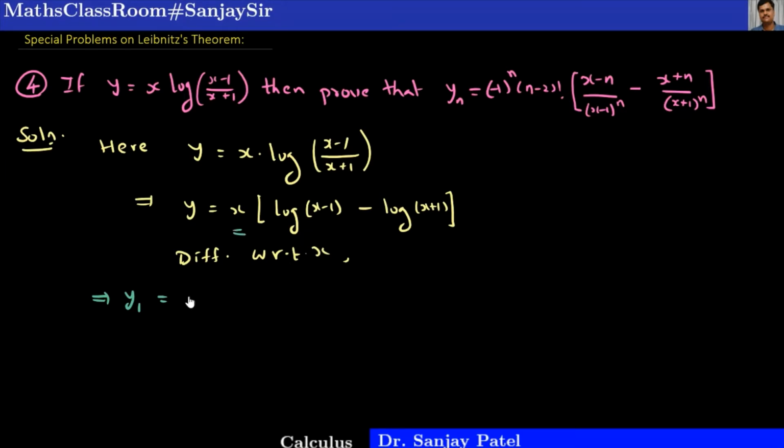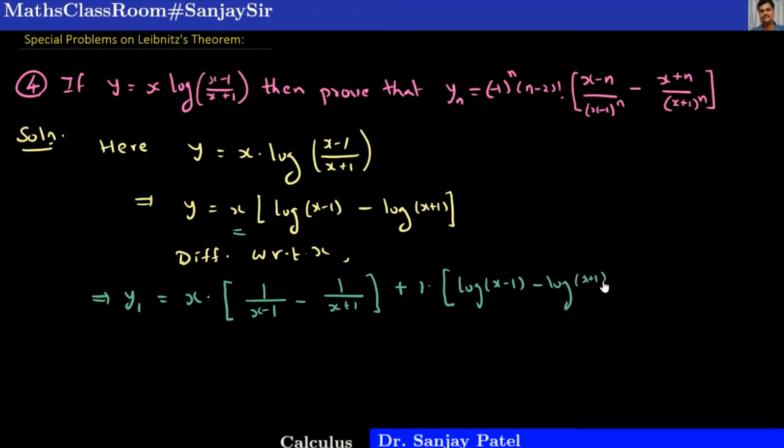So x as it is, and the derivative of log of (x minus 1) is 1 upon (x minus 1) into 1, minus the derivative of log of (x plus 1), which is 1 upon (x plus 1). Plus, now this bracket is as it is, and the derivative of x is 1, so 1 into log of (x minus 1) minus log of (x plus 1).